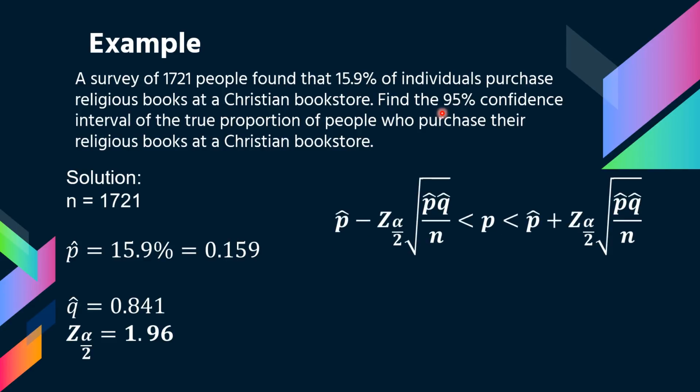So the formula, okay, and then we are going to substitute. The P hat is 0.159 minus the Z, 1.96, times the square root of the product, P hat 0.159 times 0.841 over N. Same here, but the operation is addition.